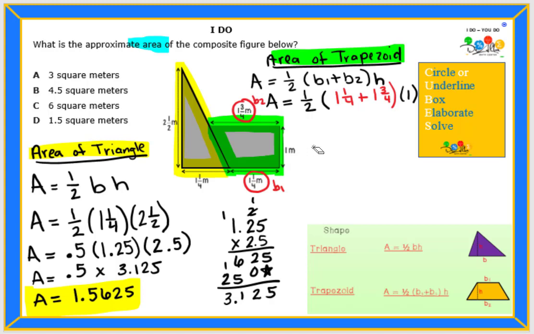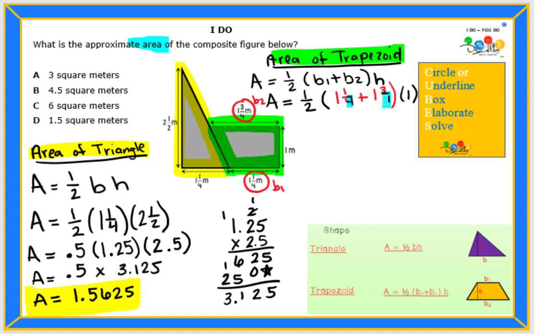Okay, so now let's take a look at what we have to do. We have to add 1 1/4 plus 1 3/4. This, I don't mind working as a fraction because the denominators are the same. If we have the same denominator, then all we do is add those numerators. So 1 plus 3 is 4.